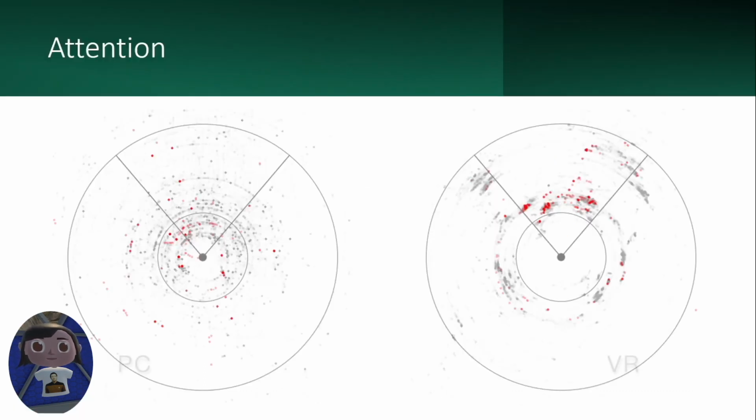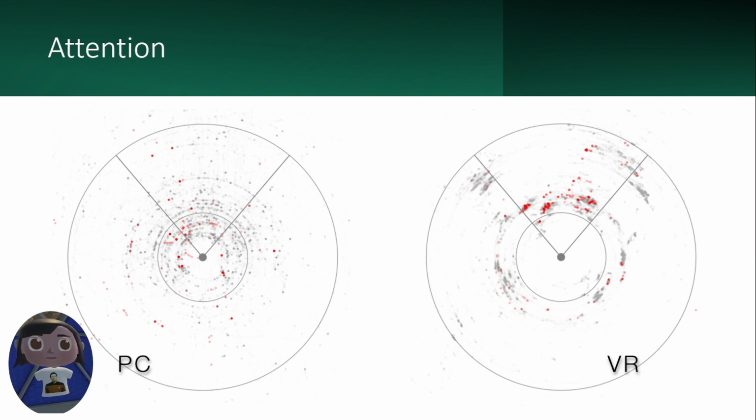Doing this analysis, we found some really interesting behaviors around attention and how we perform our attention for other people. On the left, we have the PC users, and this visualization shows each individual in a small group, and the center point is their perspective.